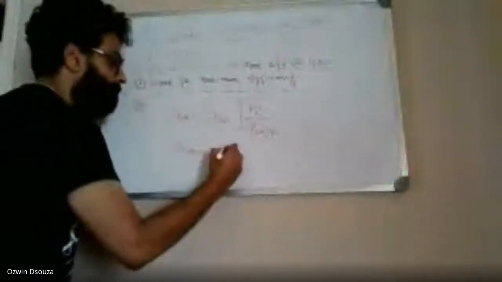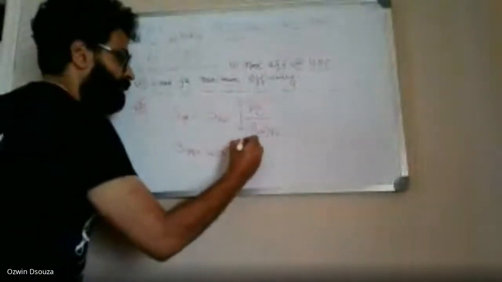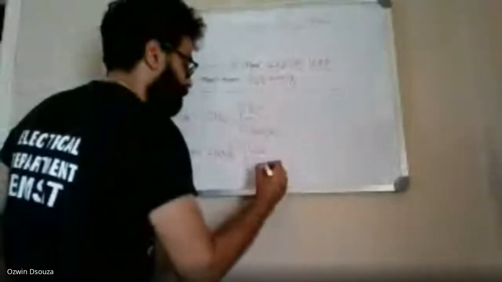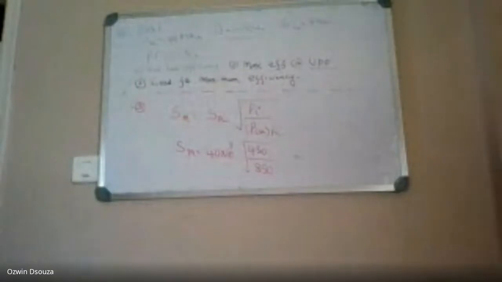So S_m is equal to full load, 40 into 10 to the power 3, into under root iron loss 450 divided by full load copper loss 850.